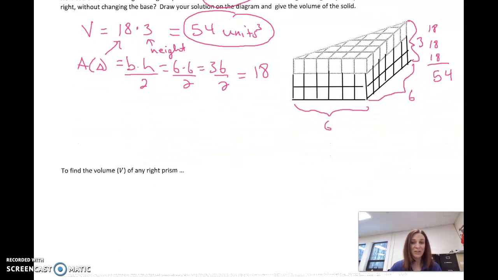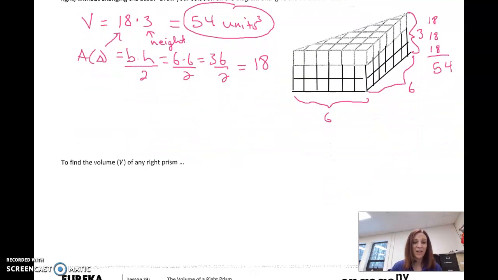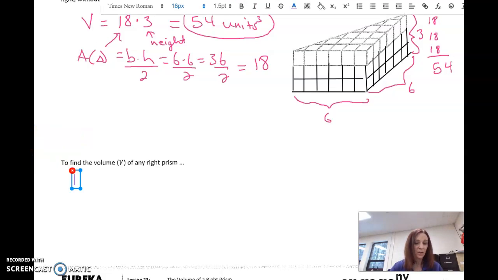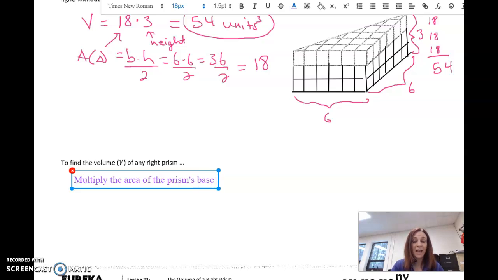So just to finish up here, to find the volume of any right prism, you're going to multiply the area of the prism's base, we're going to use a capital B for that, times the height, H. Now, that height is going to be the distance between the bases.